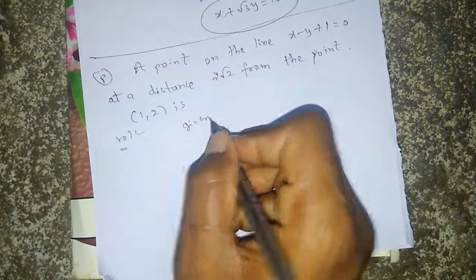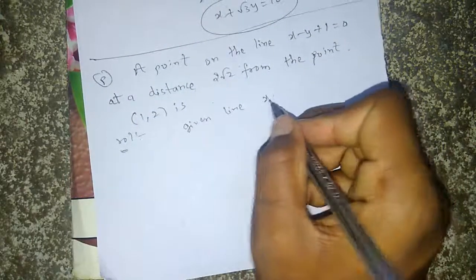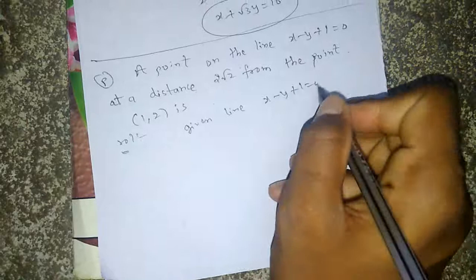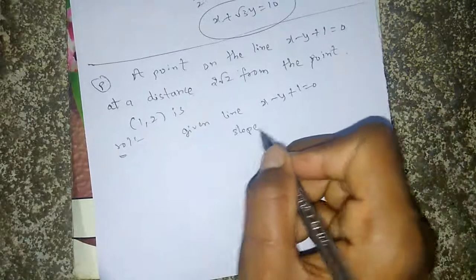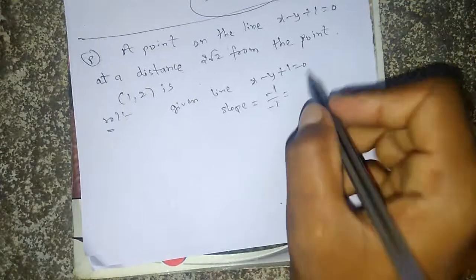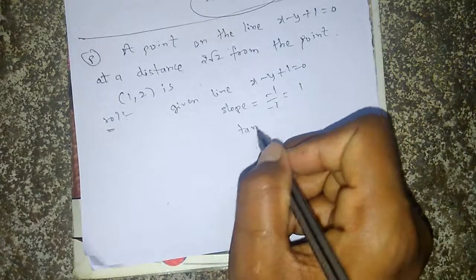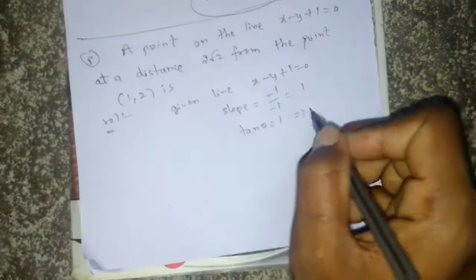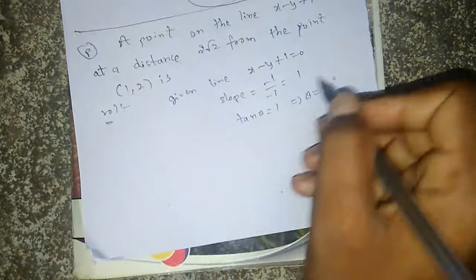Given line x minus y plus 1 is equal to 0. Slope is equal to minus of x quotient by y quotient, that is 1. That is tan theta is equal to 1, implies theta is equal to 45 degrees.